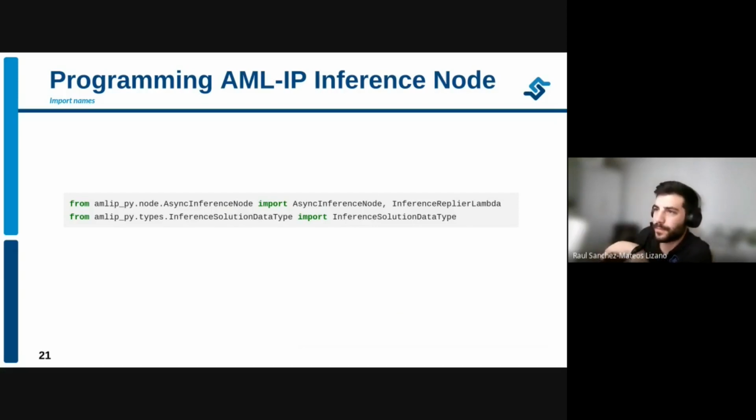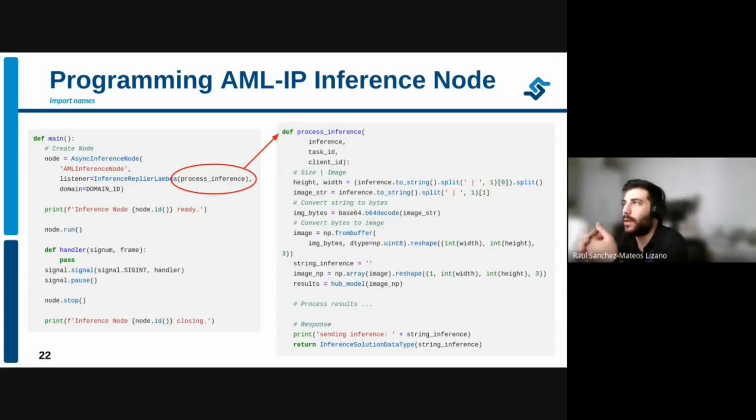And here we have the definition of the main function. The same as before, we have the node created here, the async inference node, and we will need to define a name for the node, also the listener that we'll see later on, and the domain ID.